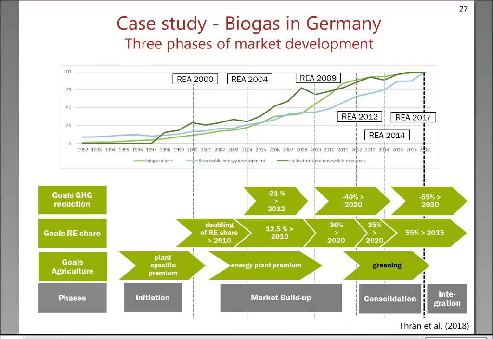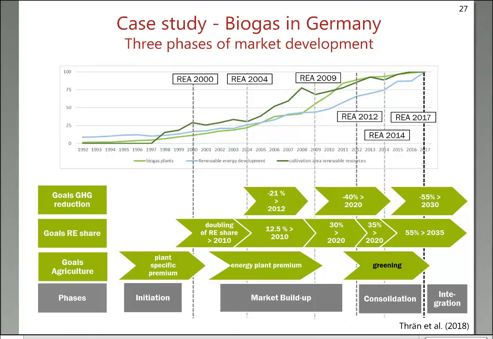And what happened through these different phases was that especially energy crops were used for the early plants. It was a major feedstock, whereas it later showed up that it was undesired to the extent that the energy crops were used. And they are now into a phase called greening, where they try to reduce the amount of energy crops for biogas production and instead favor the use of manure.